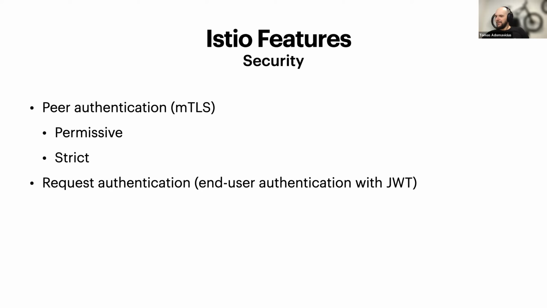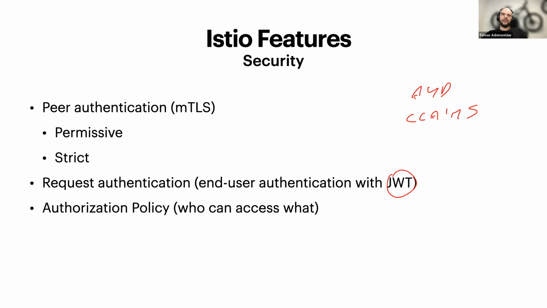When you have a JWT, it's also able to extract the audience and most especially the claims, which you could use in authorization policy.